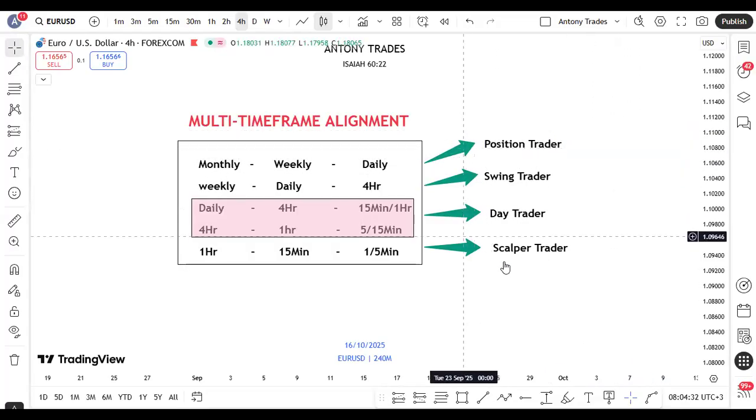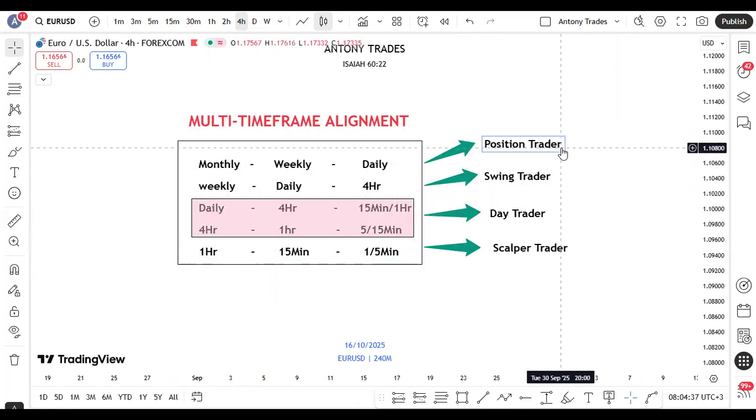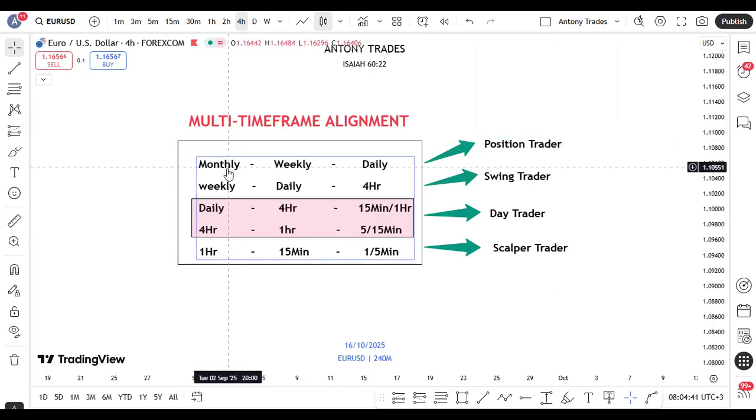Now that you have looked at these types of traders, let's look at their time frames, starting with the position trader. This type of trader will start their analysis from the monthly time frame.